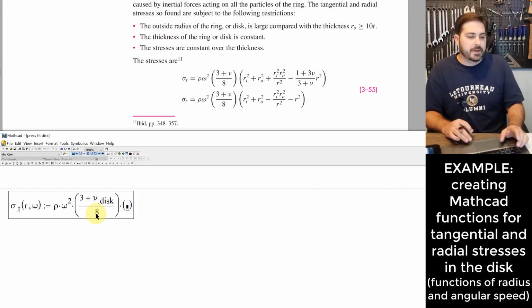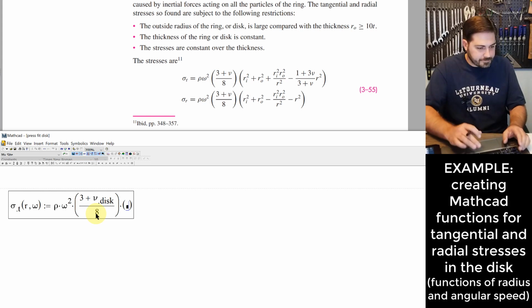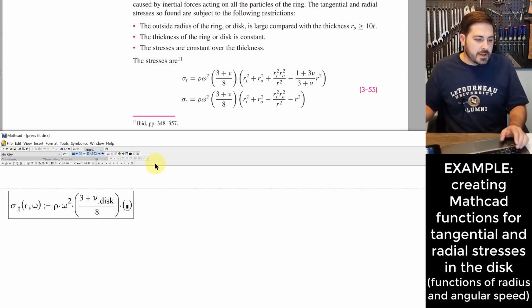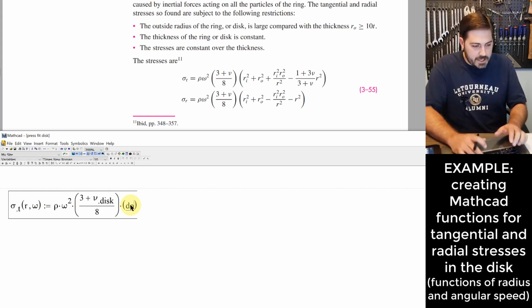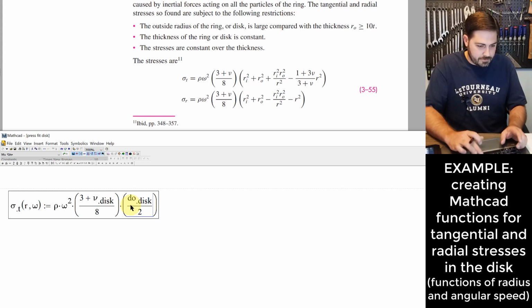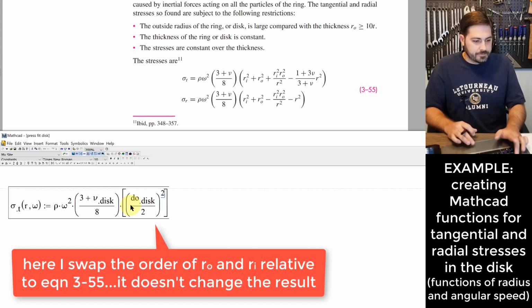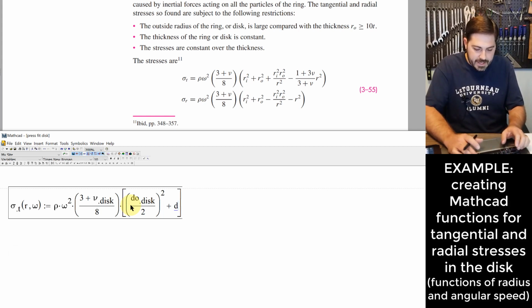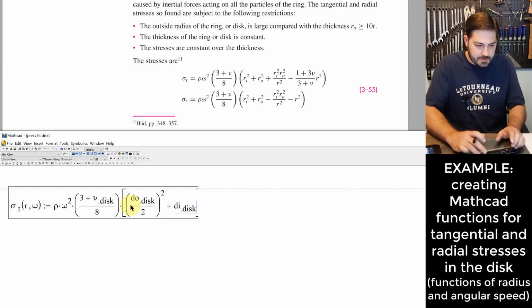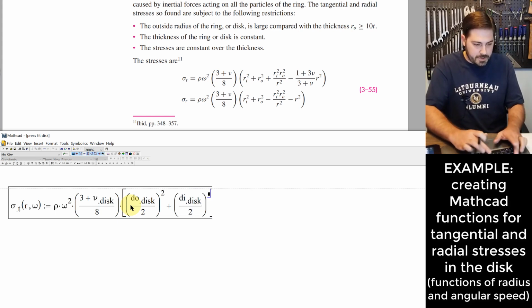And I have another group of variables here. These radius values, I do need those as radius values. I can't just use diameters instead. So what I'll do to get that is dO of the disk over 2, squared, plus di of the disk over 2, and this is going to be squared.